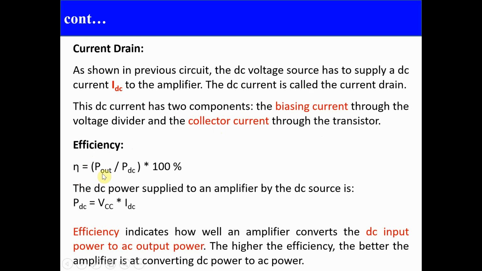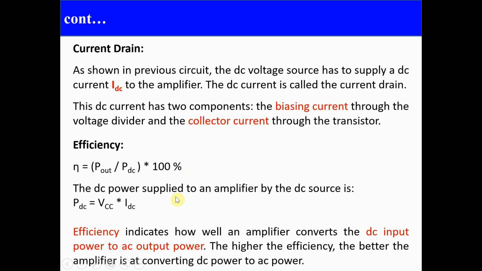Eta is equal to the ratio of AC output power to DC input power, that is, P out upon PDC, times 100%. Normally efficiency is represented as a percentage. Output quantity is AC, input quantity is DC.